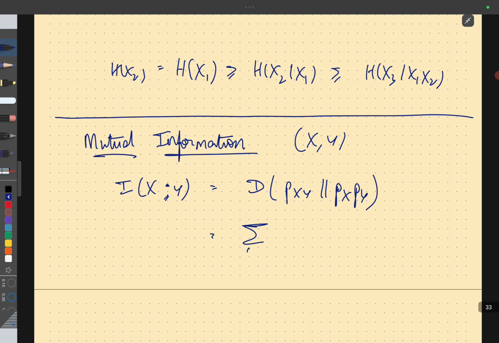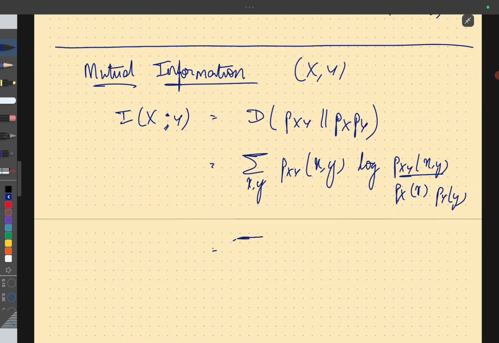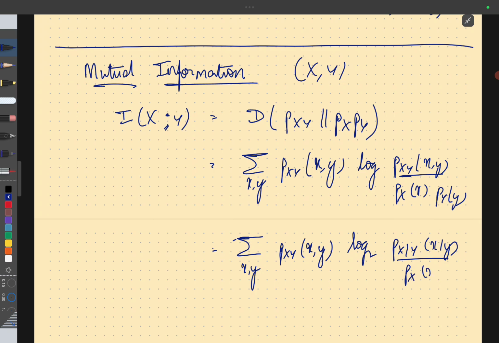So this is equal to the sum over all x, y of p_xy(x, y) log p_xy(x, y) divided by p_x(x) p_y(y), which is also equal to the sum over all x, y of p_xy(x, y) log p_{x given y}(x given y) divided by p_x(x).